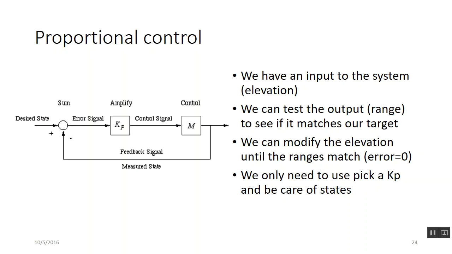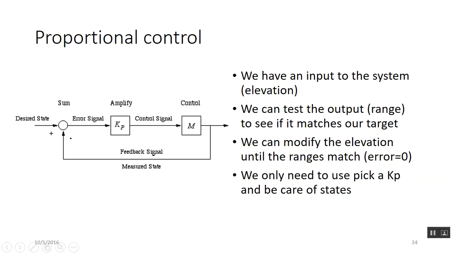Yeah. So KP is just a constant. It's a gain. So this part right here, we're just amplifying an error signal. Let's say that we want the range to be 10,000 feet, and we set our first elevation angle at 20 degrees. We launch it, and it's actually 20,000 feet. So our desired state is 10,000. We measure 20,000.